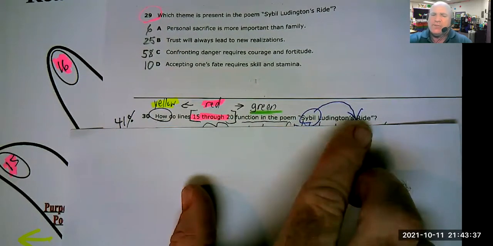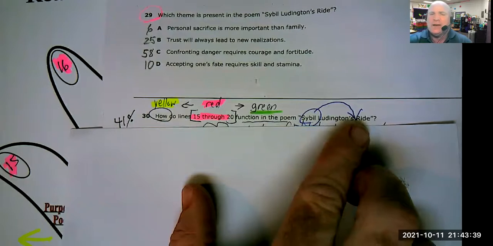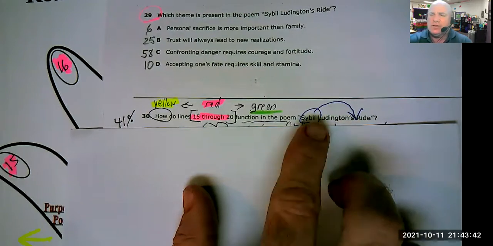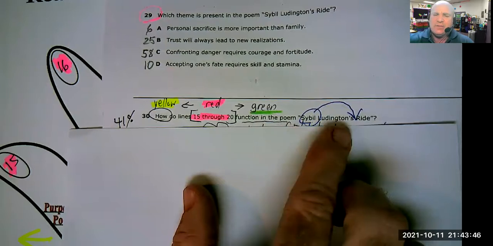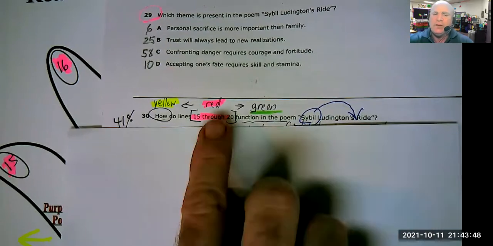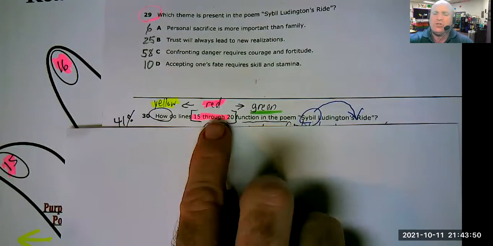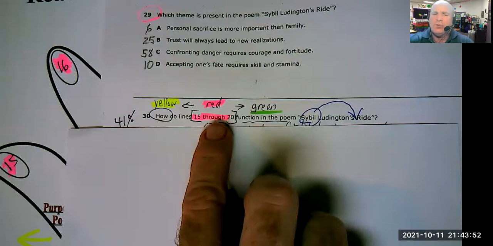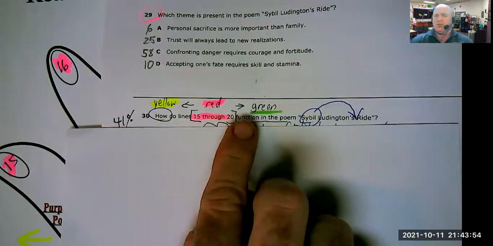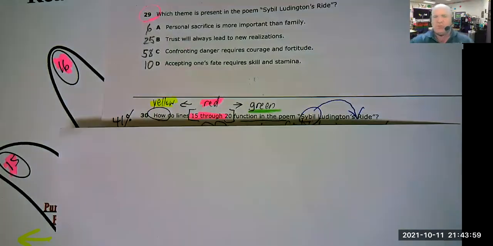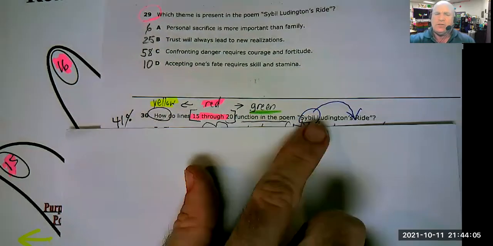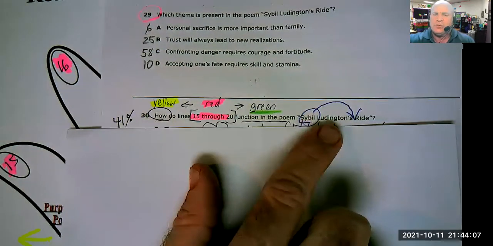And so if the poem is titled Sybil Ludington's Ride, then I would imagine that lines 15 through 20 better function somehow in the poem relative to our topic, our title, which is the ride that this person named Sybil Ludington took. But as you can tell, a lot of students struggled with this question.